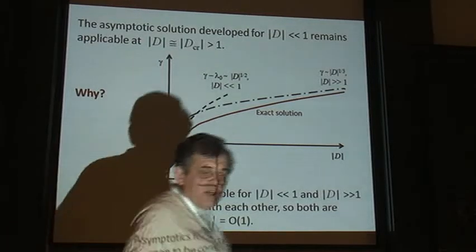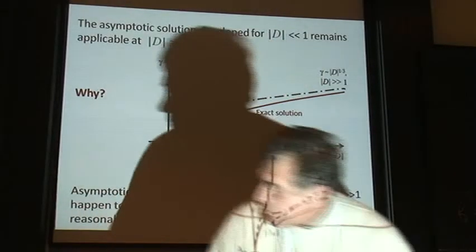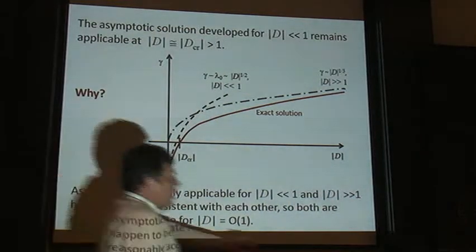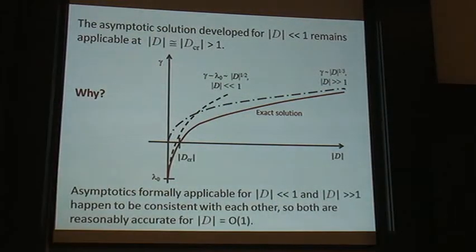This would look entirely different. Suppose my exact solution, which is mod of d and gamma, behaved like that. I would do this. My approximate solution would work well here, but here it would mislead me entirely.